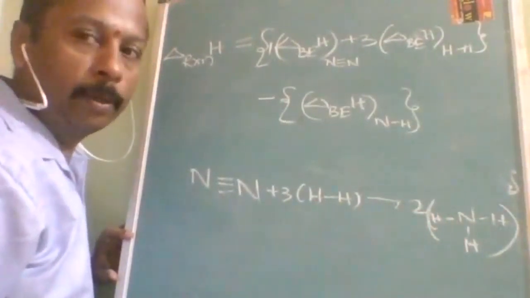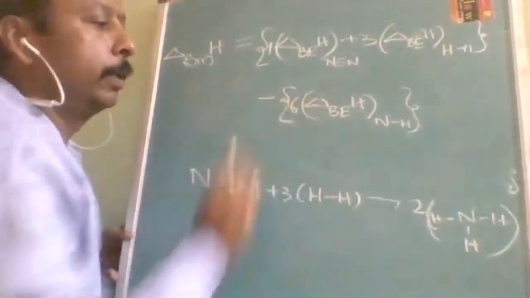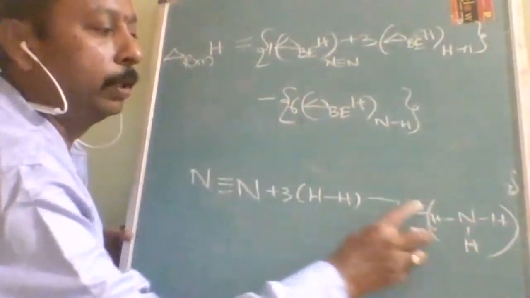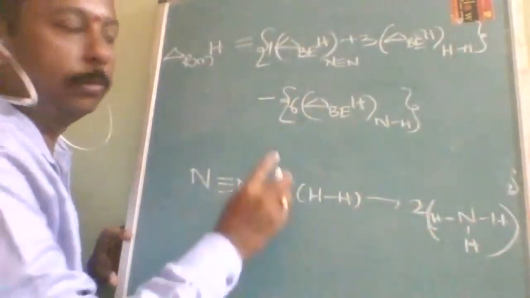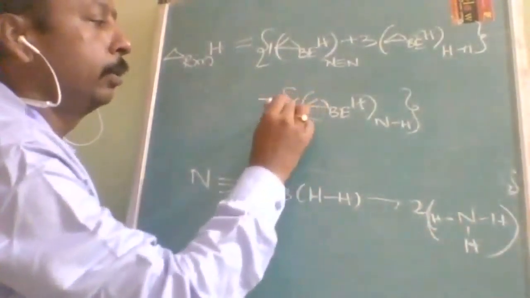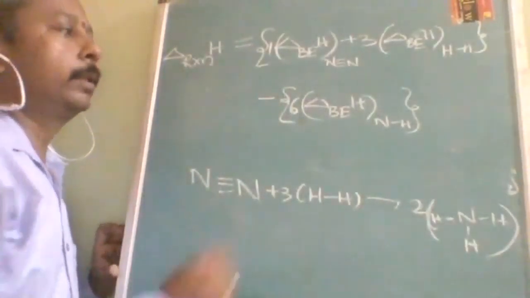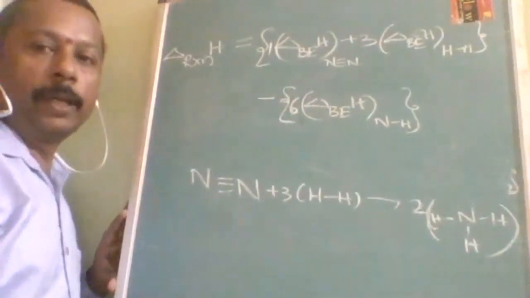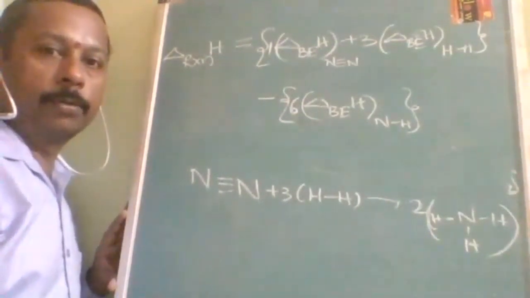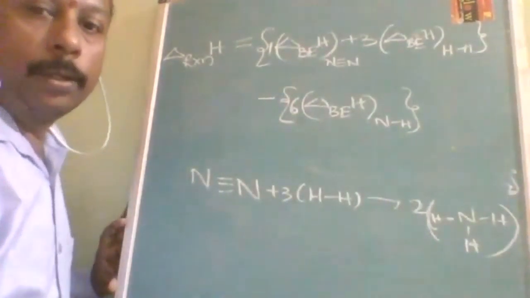So in total how many bonds? Six bonds. One molecule has three bonds, and two molecules are there, so how did I get six? Is it understood now? Any doubt about this? This is how the enthalpy of reaction is calculated. Is it understood, students? Okay, bye.